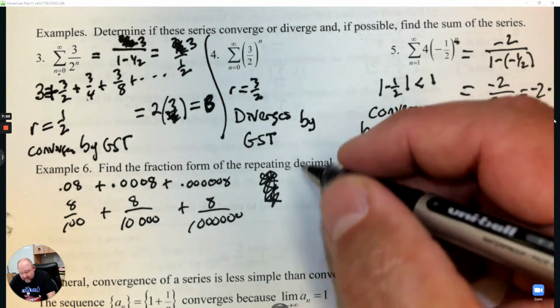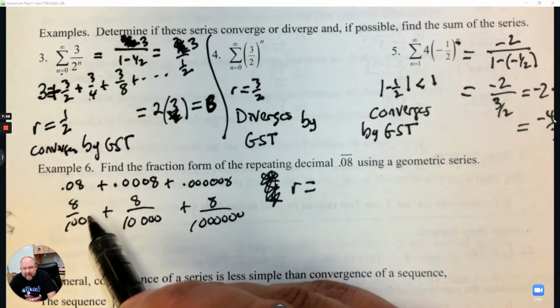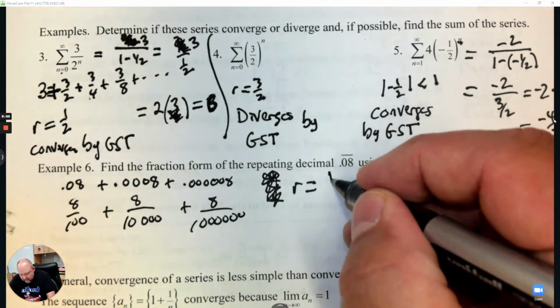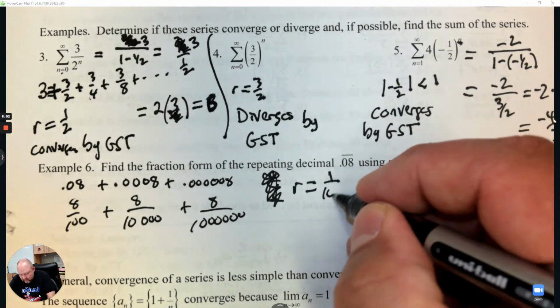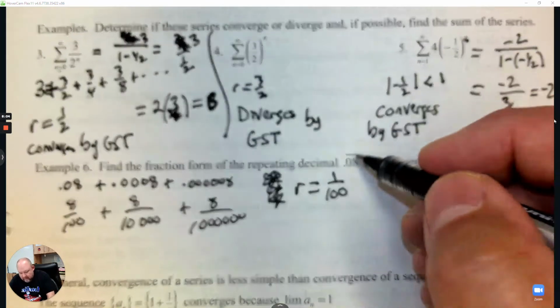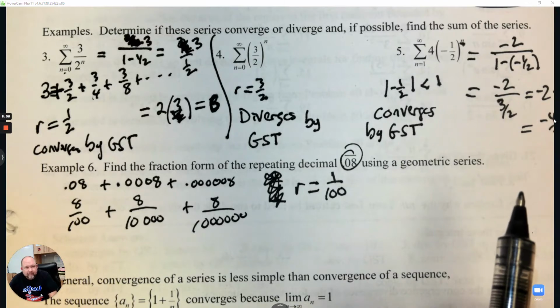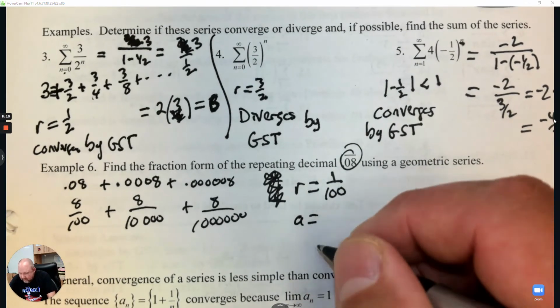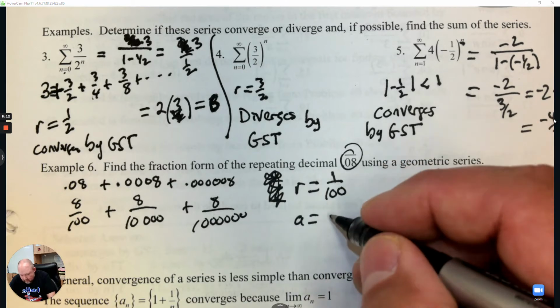I just need to know what the common ratio is here. And so 8 over, what am I multiplying times? I'm multiplying 1 over 100 every time. That's the common ratio, 1 over 100. And the first term is 8 over 100.